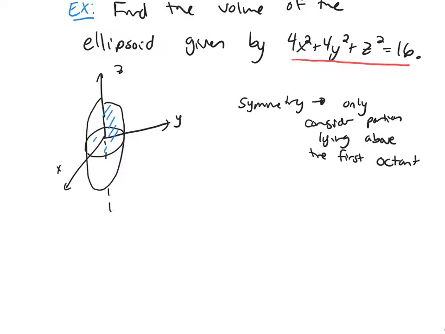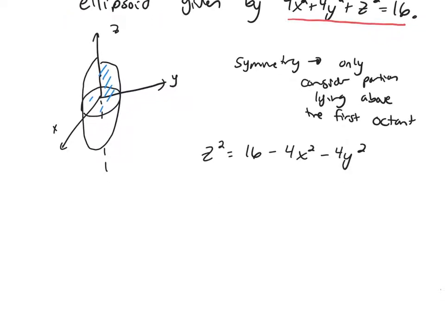So the first thing we're going to do is take our equation and solve for z. And z will be bounded between, so if I take the square root here, z is positive because we're talking about the first octant.